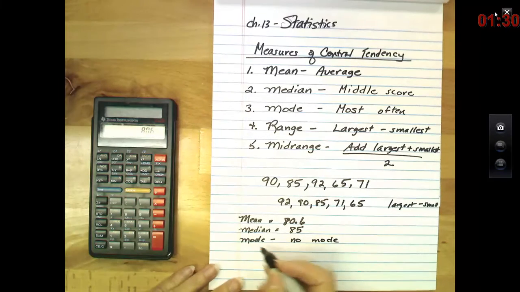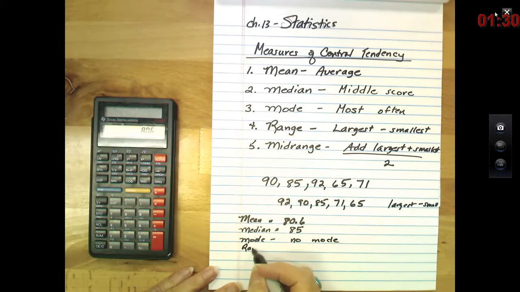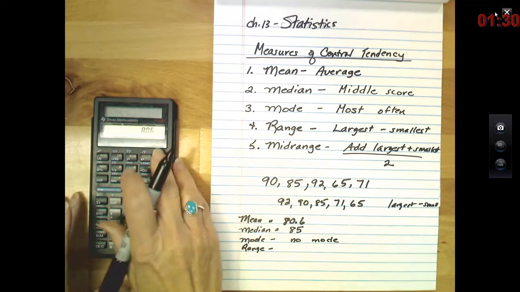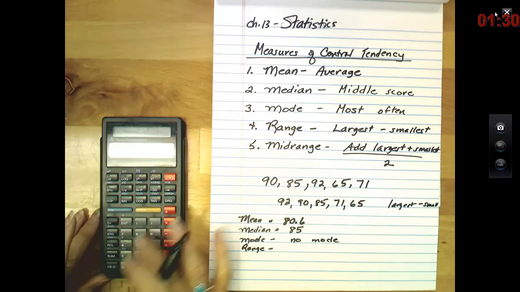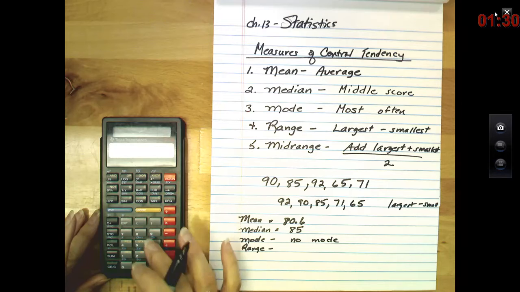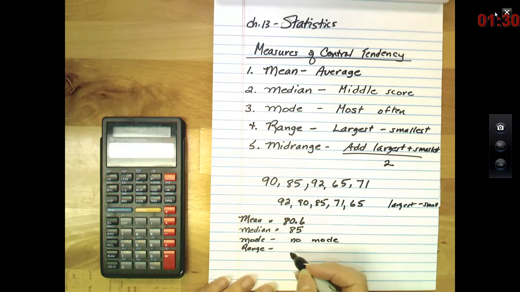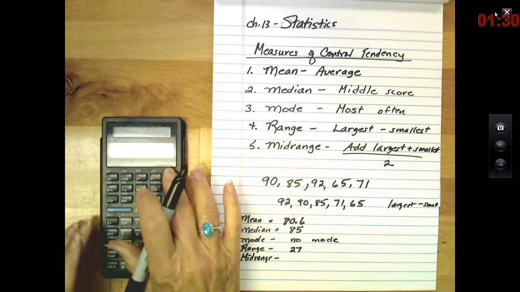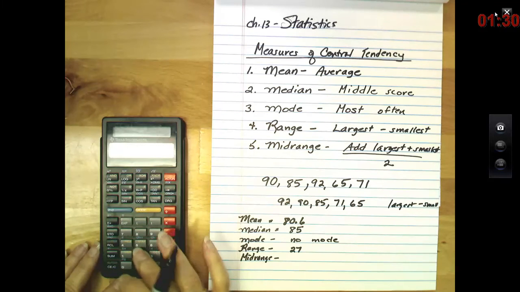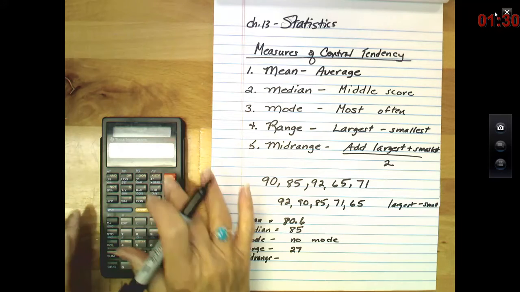Now, the range, largest minus smallest. That's 27. And then the mid-range, take the small one and the large one together, divide by 2.